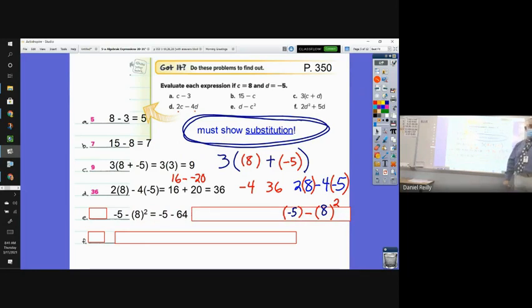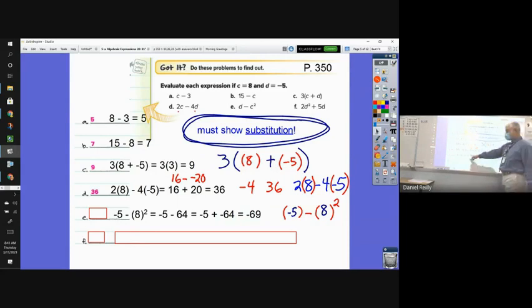Keep, change. Did you get -69 on this one, Jasenia? Yeah. I got 59. Oh, what? I don't know what I did wrong. You didn't do keep, change on the subtraction.